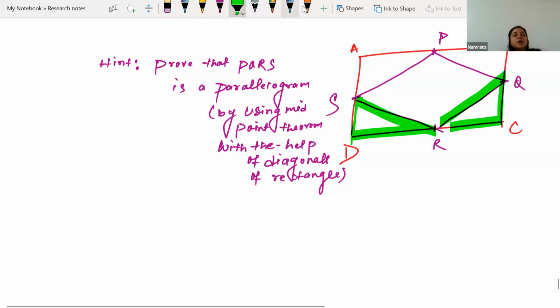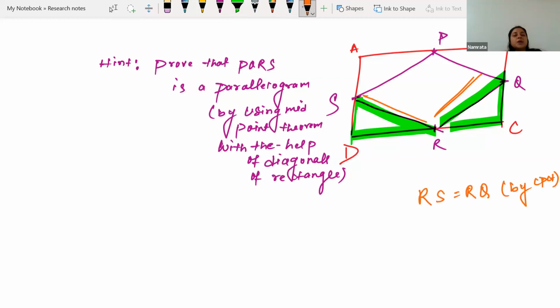Now, by taking these two triangles as congruent, the sides are the same with each other. That's what you are saying, and hence you can say it's a rhombus.